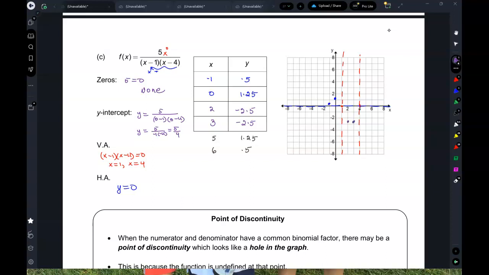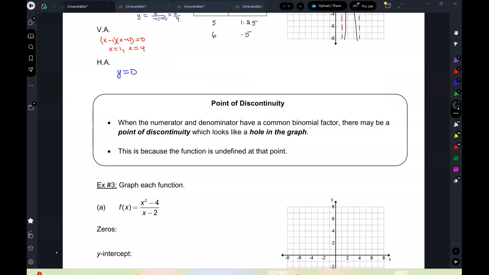And then 1.25 and 0.5. So we go ahead and graph this. Here this goes up and comes back down, and there. Picture in the graph.